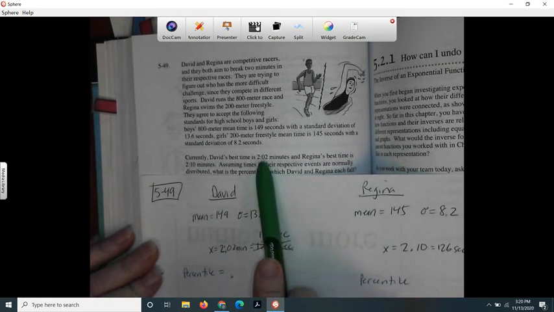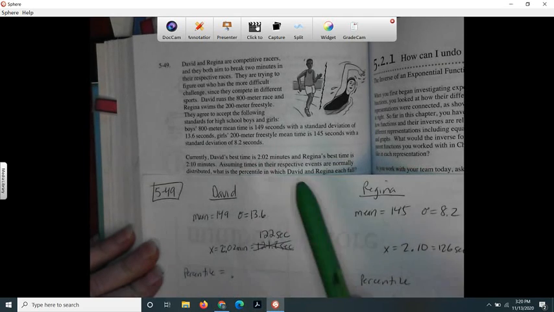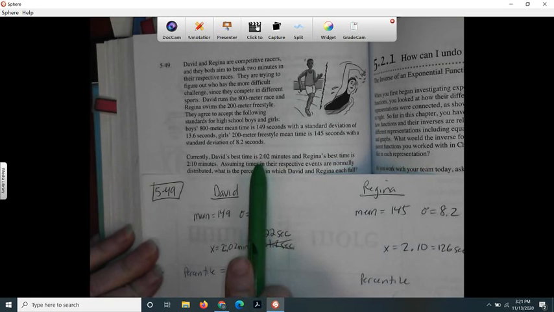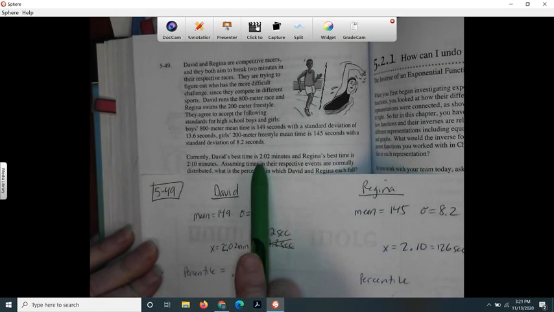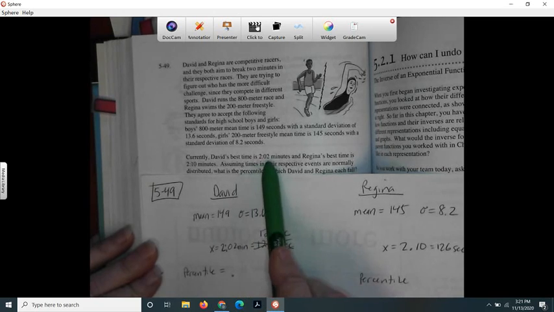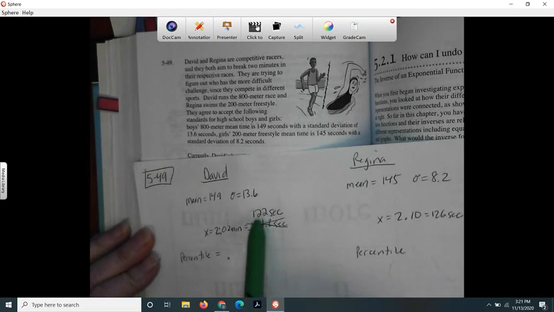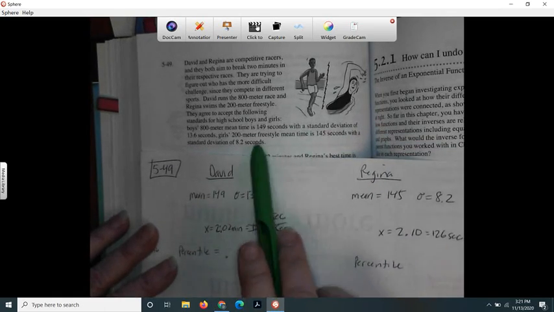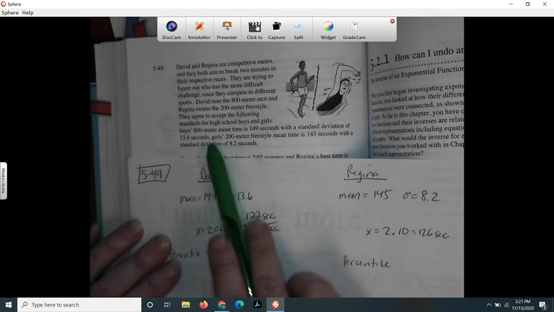It's 2 minutes plus 2 seconds. So 2 minutes is 60 times 2, that's 120, plus 2. So I wrote 122 seconds for him. That's a little trick, because if you type it in the wrong way, something's not going to work.